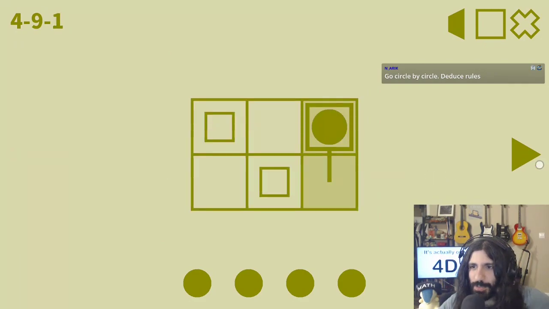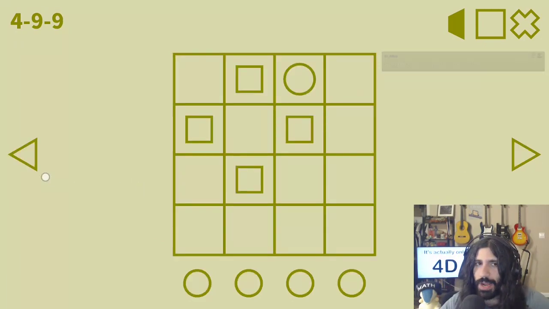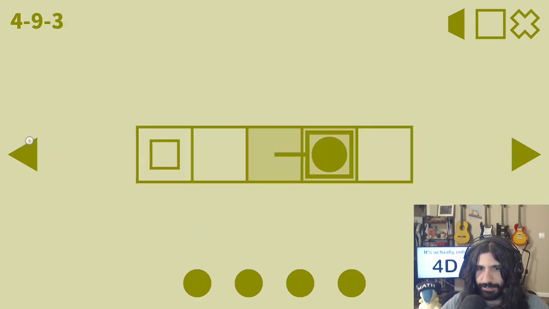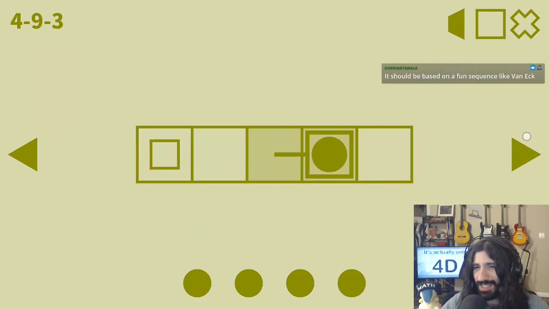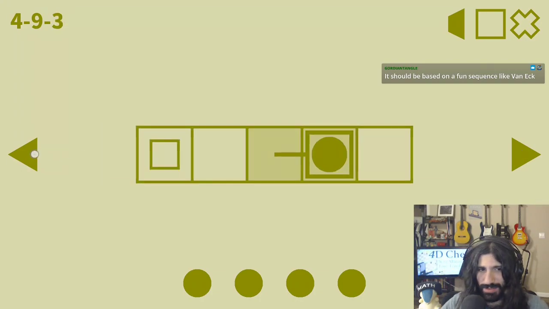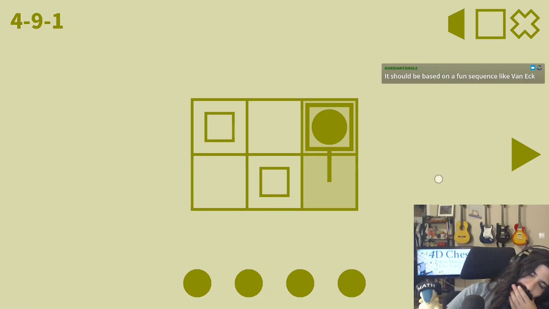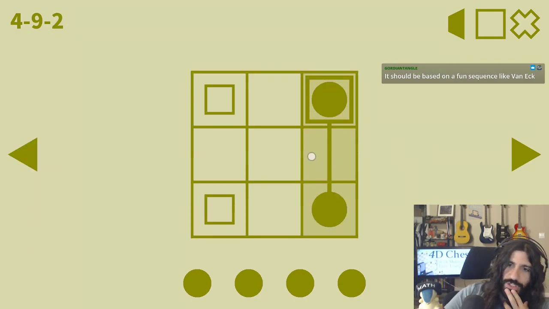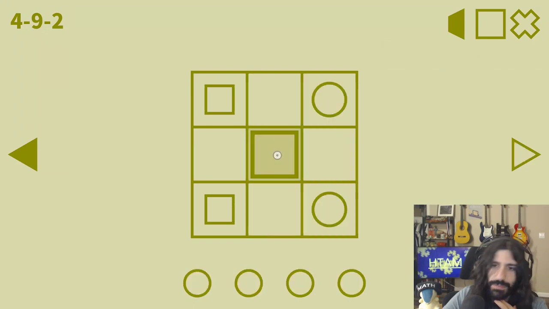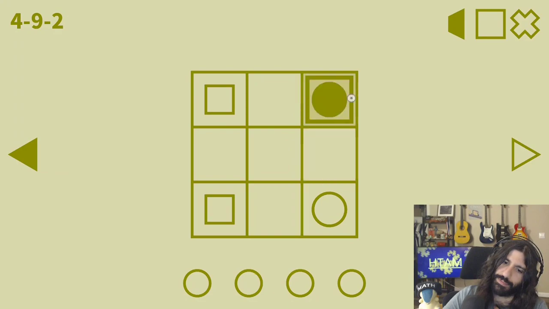But I guess that's what it's prompting us to do by giving us so many prerequisite levels. Something works here, but it doesn't work here. Okay, so containing all of the circles seems to be none of the rules.